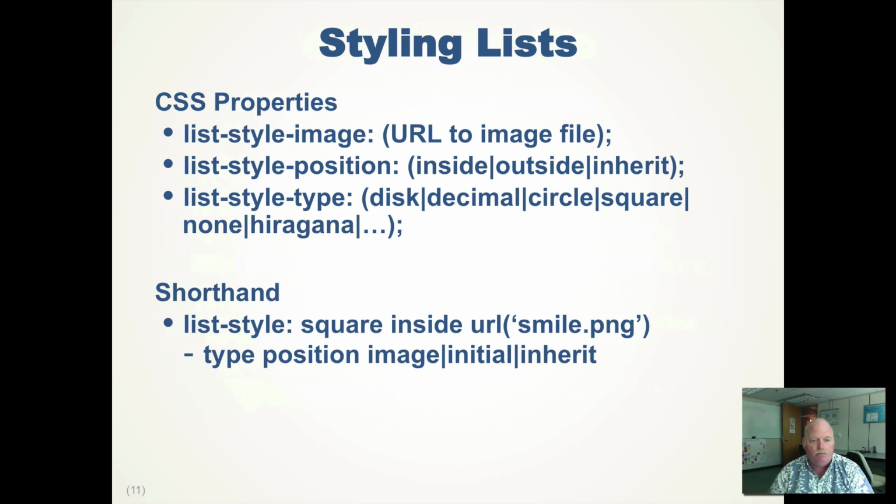There's all sorts of different possible list style types. Take a look at W3Schools for a whole selection of them. There are just tons of them. And then the shorthand, again, you're saying I want square, I want it inside, here's the image I want to use. So normally it's the type, the position, the image. Again, if you drop one of those, it's smart enough to render it generally.